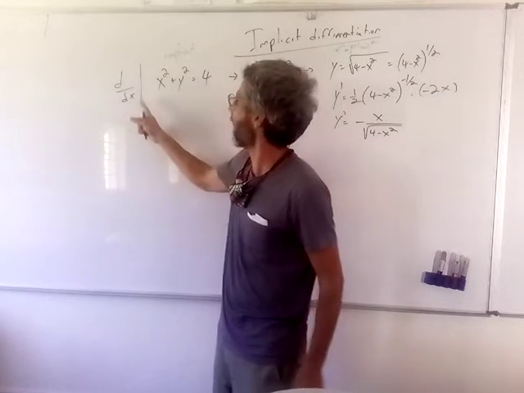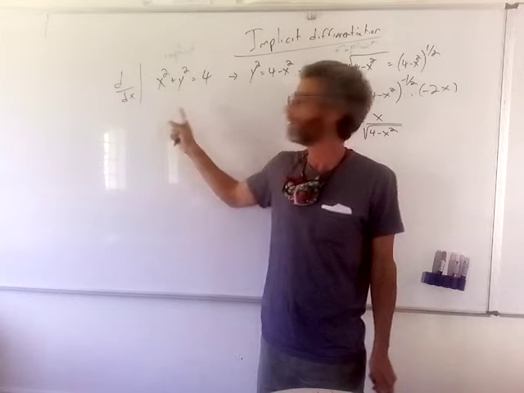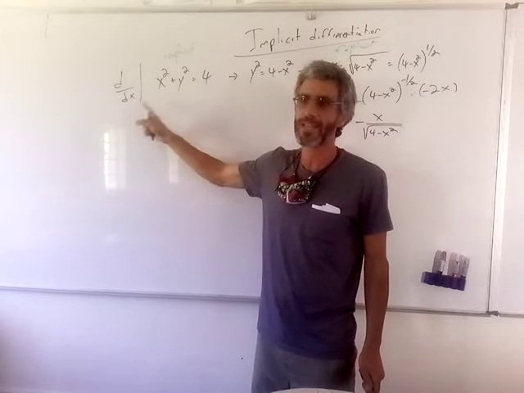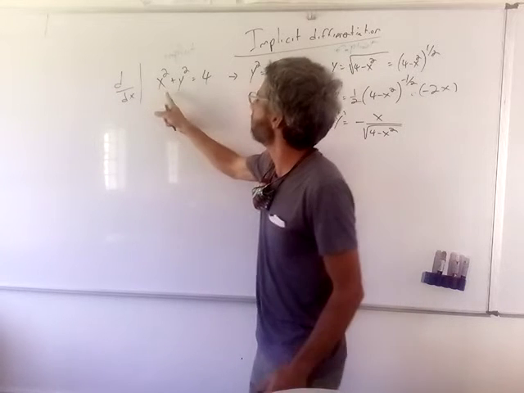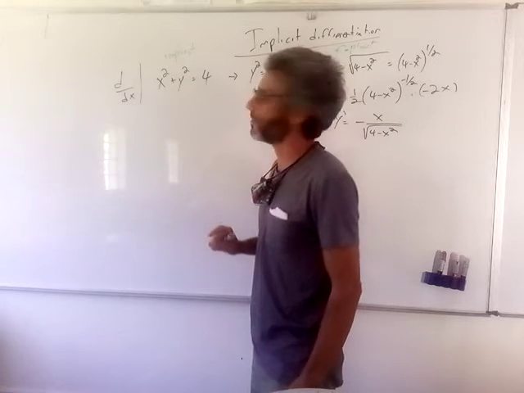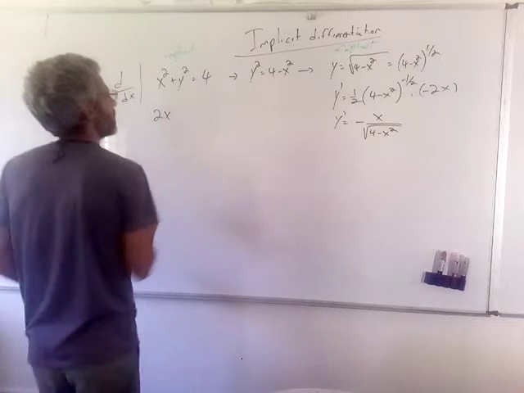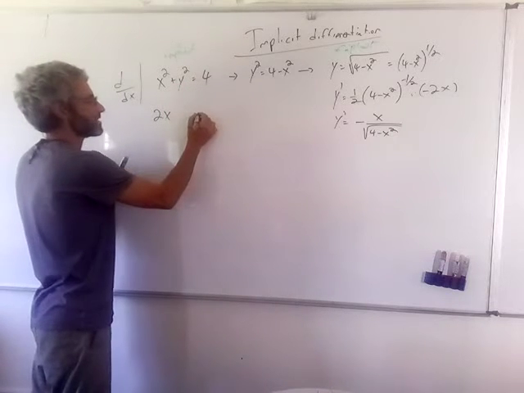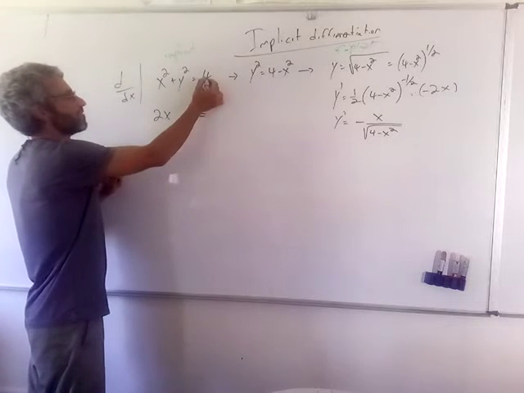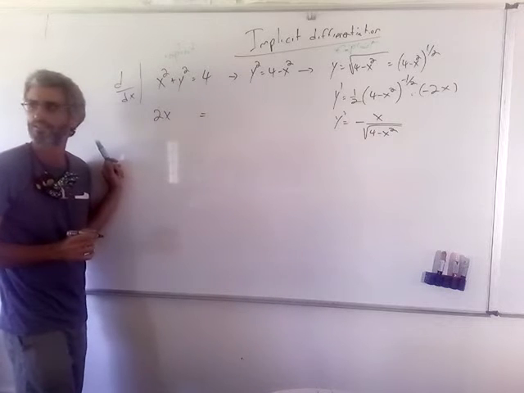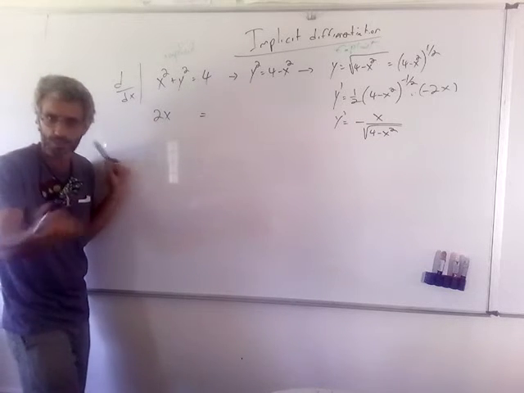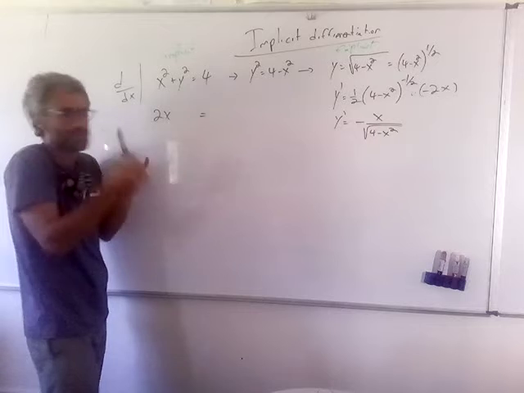But actually we can find the derivative of each side. In this case, the derivative with respect to x. What's the derivative of x squared with respect to x? 2x. It's 2x, you're right. So I'm going to have 2x. Let's leave that for a second, that's the harder bit. What's the derivative of 4 with respect to x? Remember? 0. Like we said, if you find the derivative of any number, it's always 0.